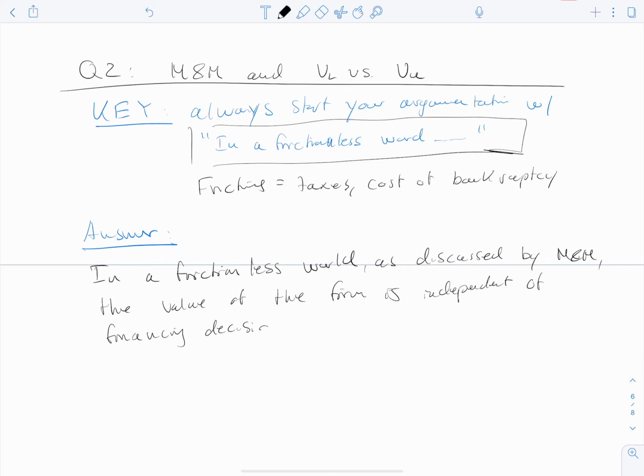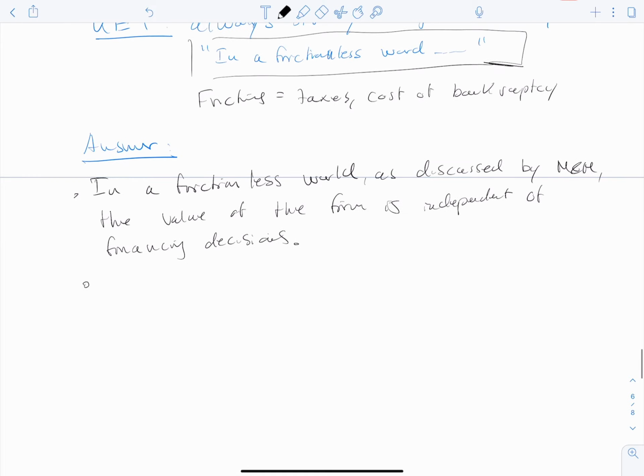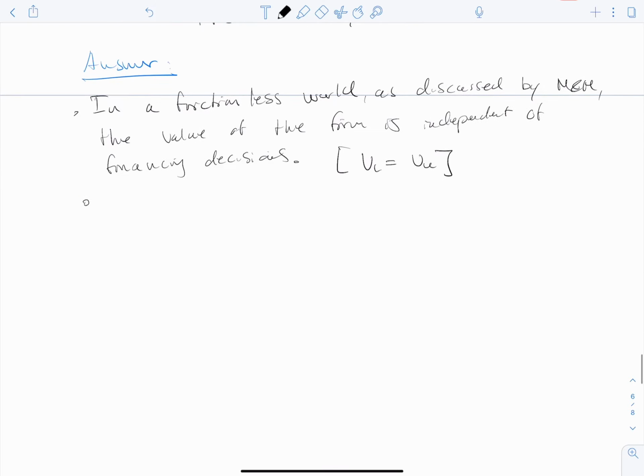So basically, it doesn't matter if you take on more debt or not. What it says here is that the value of the levered firm is equal to the value of the unlevered firm. You cannot change it by changing your financing.